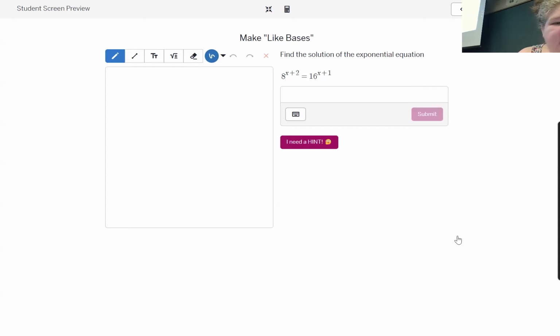So the 8 is the same as 2 to the third. And then 16 is one more 2, so 2 to the fourth.